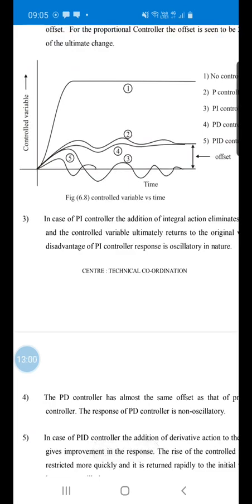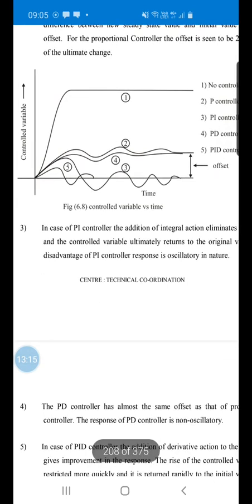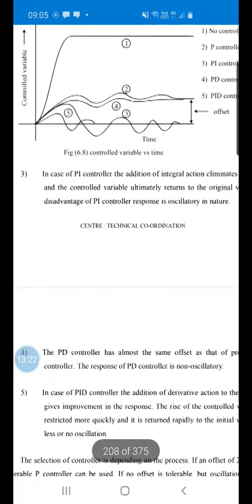So now, if you want to select which controller is suitable for your system, you can consider the following parameters. If the offset of 22% is tolerable, you can use a proportional controller. But if no offset is tolerable, but oscillations can be tolerated, you can go for a PI controller.